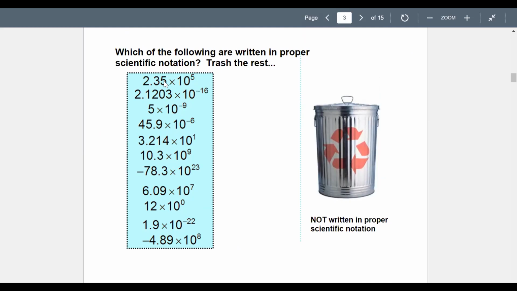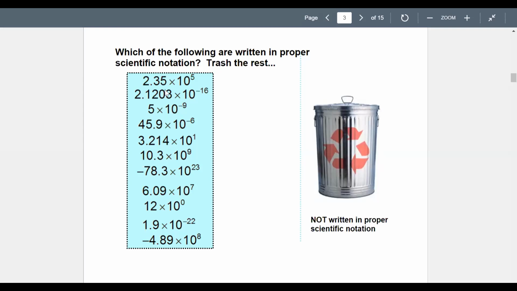Then B states if a number is less than 10, meaning smaller than 10, the exponent will be negative and is equal to the number of places the decimal must be moved to the left to write the number in scientific notation.